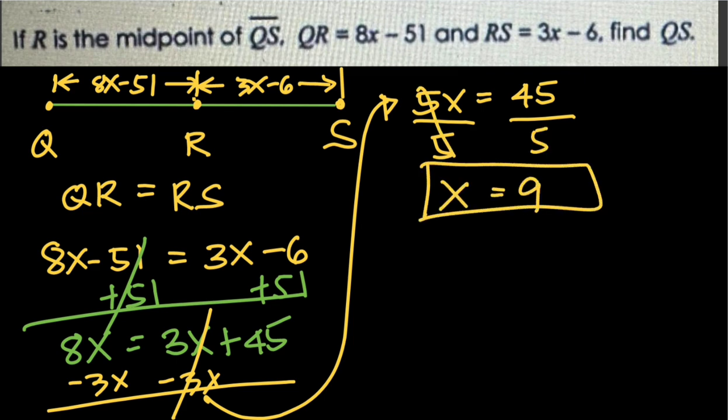Now we already have the value of x, so we can solve for QR and RS. But QR and RS are just equal, so we can solve either of them. QR is equal to 8x minus 51.